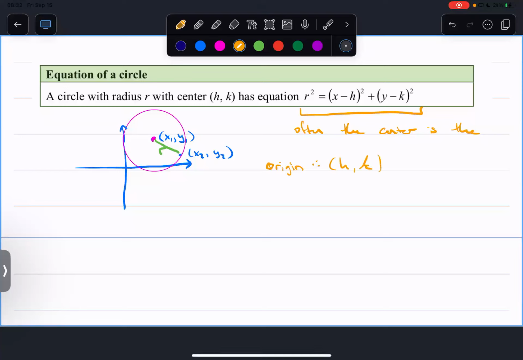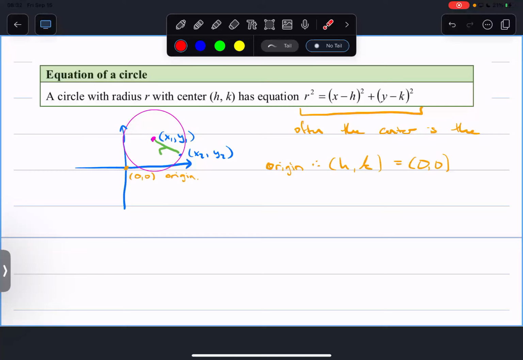The origin means 0, 0. So it's here at the center, which means here, this is 0, 0, which is called the origin. So usually that's what we're talking about in terms of a circle, but we can handle moving the circle around, moving the center around by this formula.